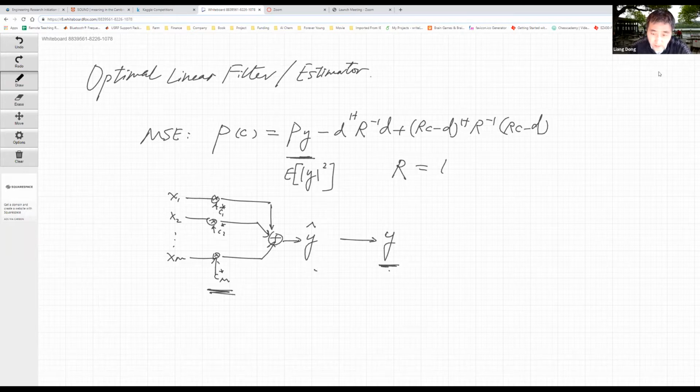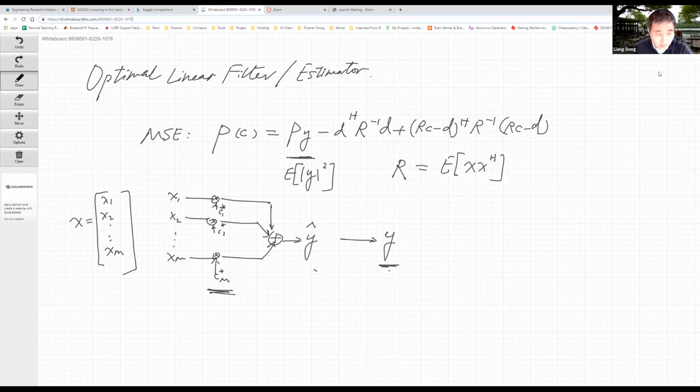So this is the expectation of x times x Hermitian. That's the autocorrelation matrix, or autocovariance matrix again if it's zero mean. X is a vector. X is a vector, that is x1, x2 to xm with dimension m, or dimension m times 1.